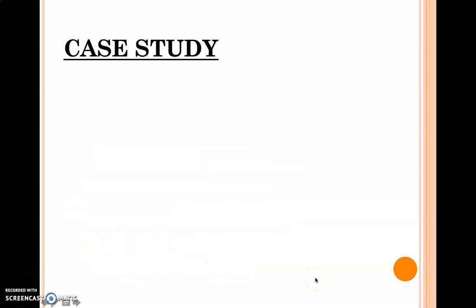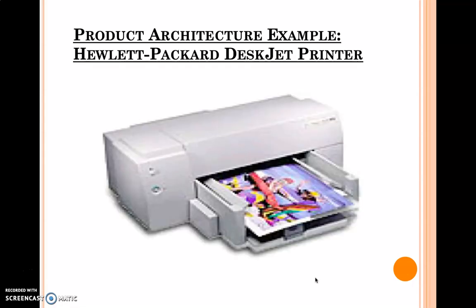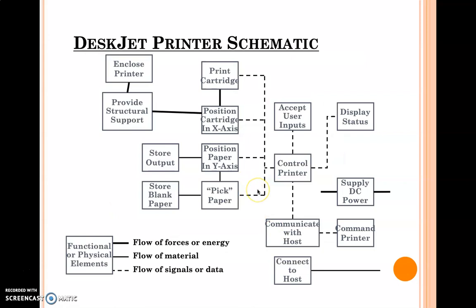Now I will showcase some pictures which are the elements of your case study of product architecture. This is a product architecture example of an HP DeskJet printer, and this is the whole desktop DeskJet printer schematic.